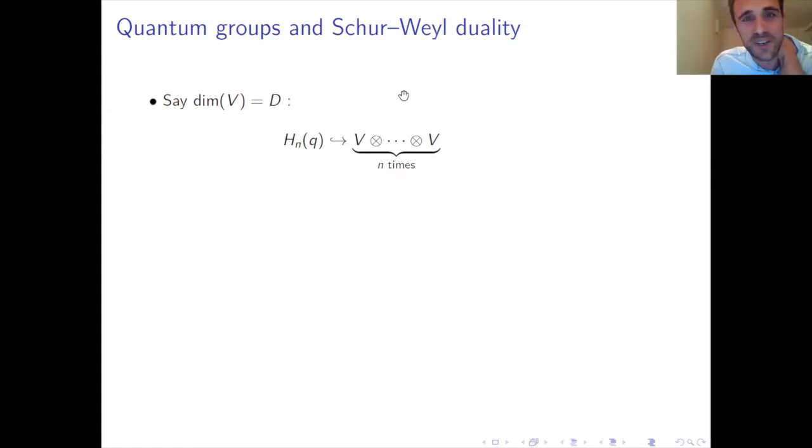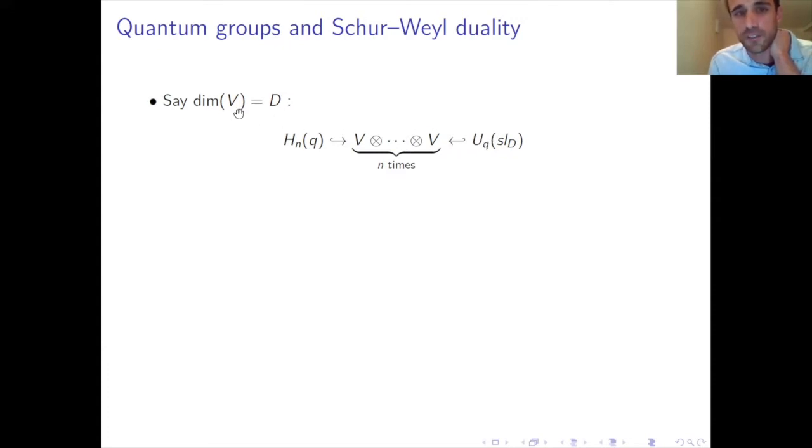Okay, so about the Schur-Weyl duality, the statement is like this. So remember, we have an action of the Hecke algebra on such a space. Say that the dimension of V is called D. Then we also have the quantum group U_q of SL_D acting on this space. If you don't know about quantum groups, you can maybe just forget about the q and think of the Lie algebra SL_D.